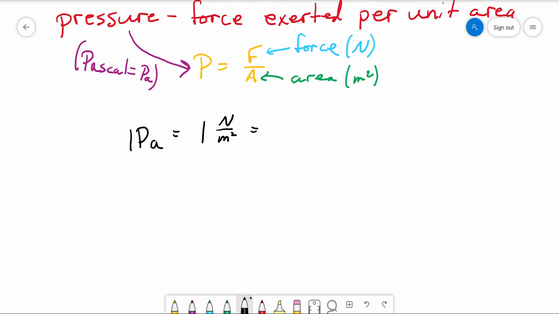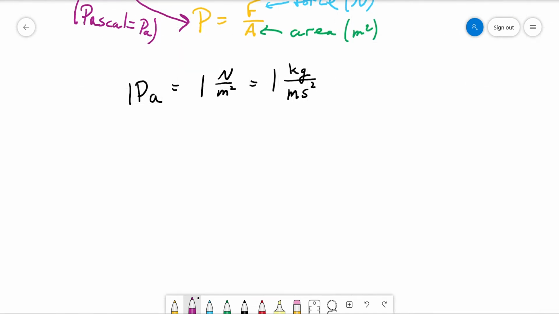Or we could write it another way: 1 kilogram per meter times second squared. Okay, those are all units of pressure. And we probably aren't going to use pascals very much because it's a very, very, very small amount of pressure. So let's talk about what we will talk about a lot, which is atmospheric pressure.